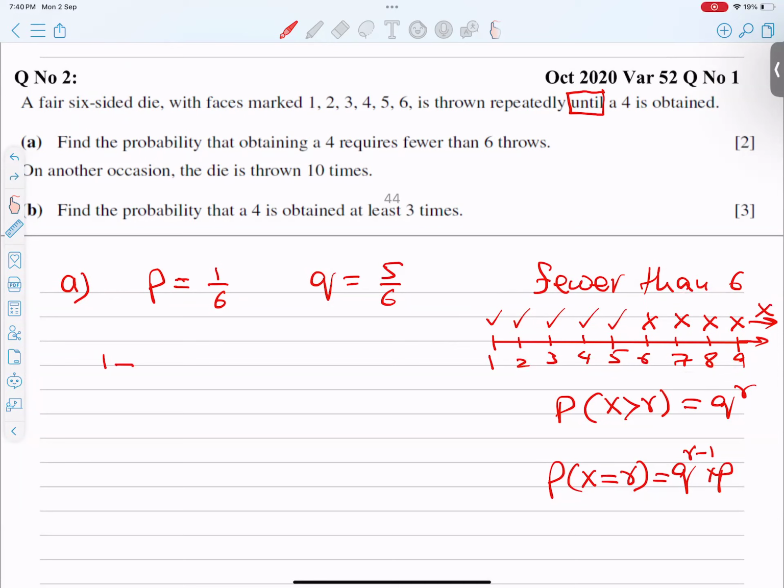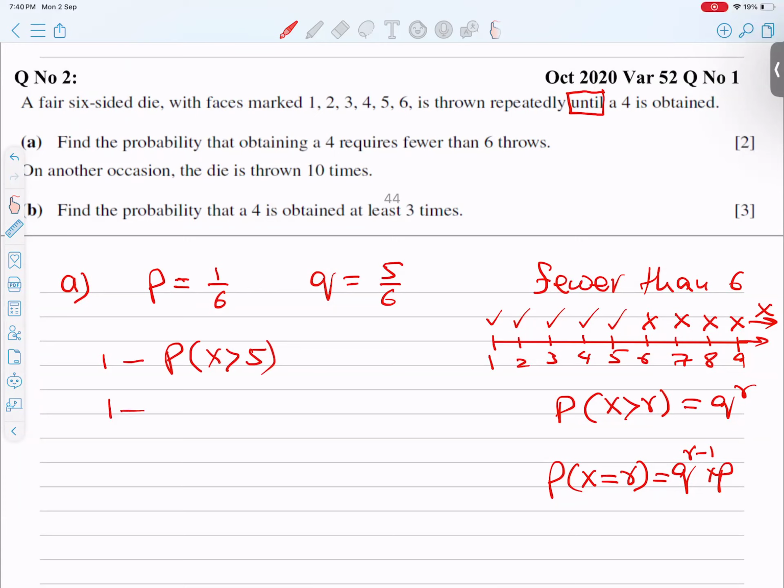When I subtract these from 1, I will get my required answer. But how to read this? All these options are more than 5, like 6, 7, 8, 9, 10 onward. And how to write it? 1 minus the probability X is more than 5. This is the way to get the answer.